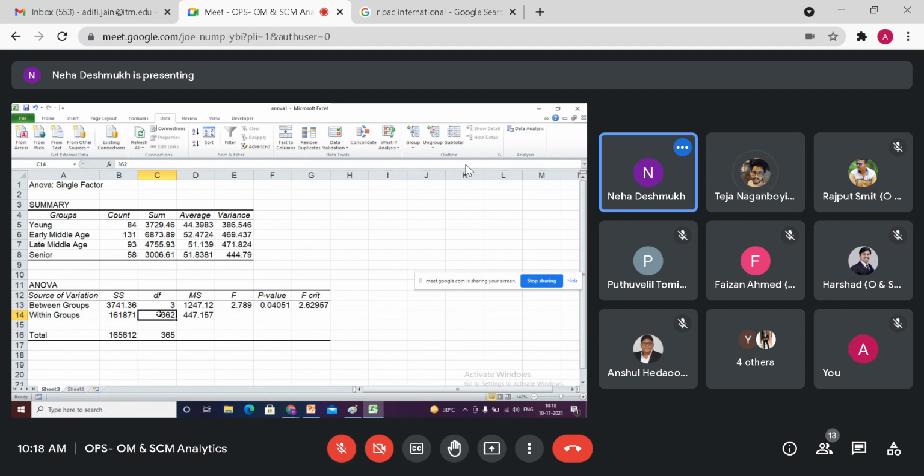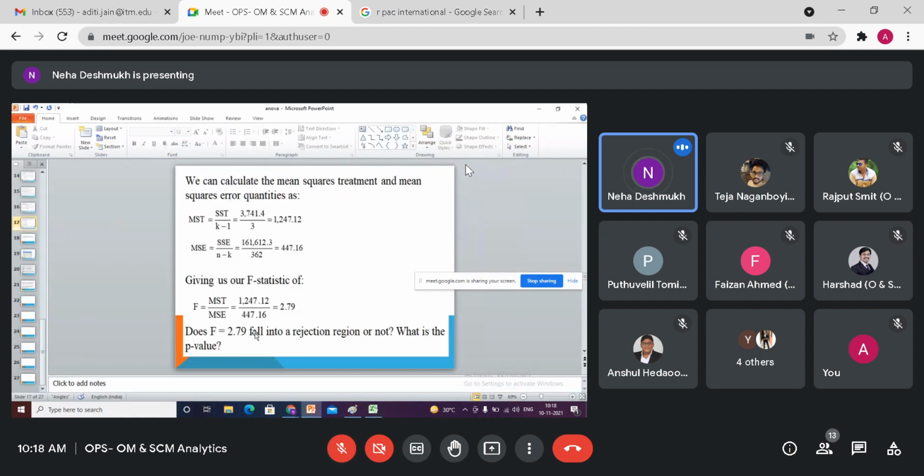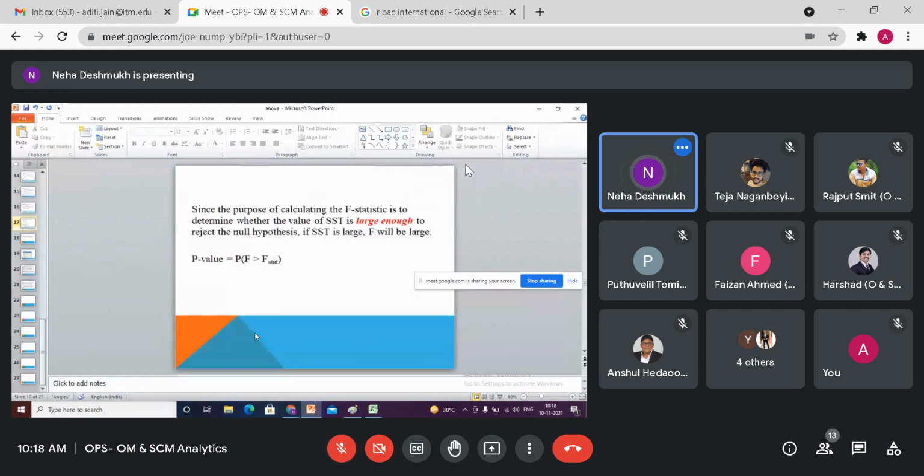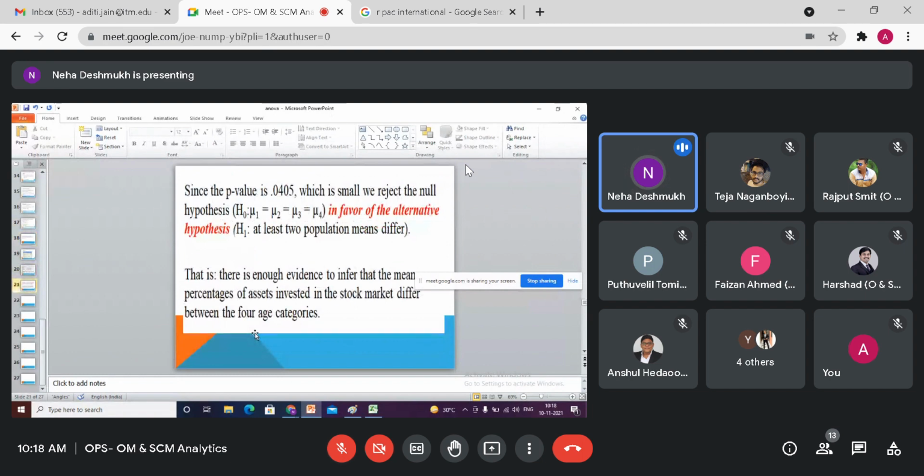Yes, ma'am. So in this way you can calculate the F statistic, or the interdependency or variation between the variables with respect to a single variable, and ANOVA is the tool with the help of which you can check whether the mean values are equal to the population mean or not, right?